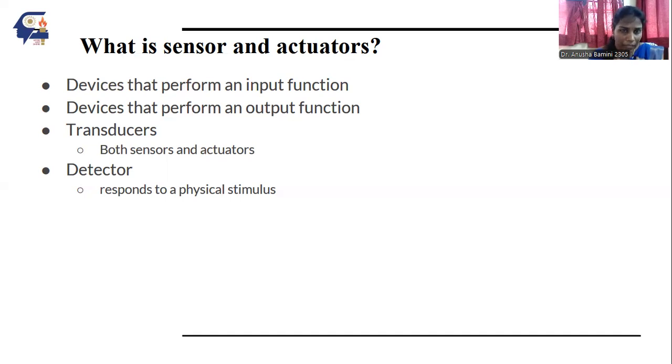In these devices, we need to know the concepts of sensor, activator, and transducer. These are the three basic major concepts of the device. First one is the sensor. So what is meant by a sensor?